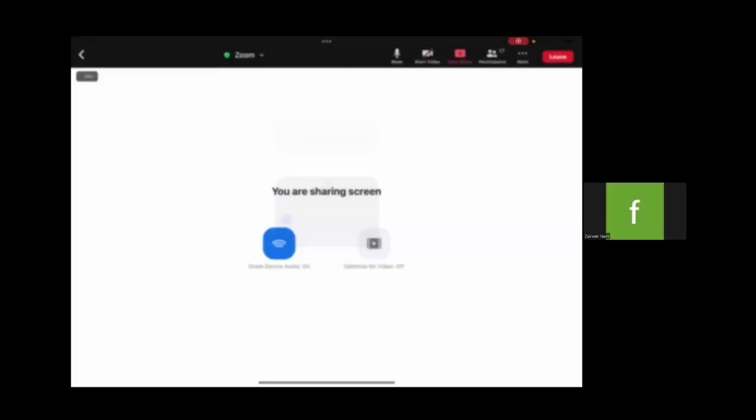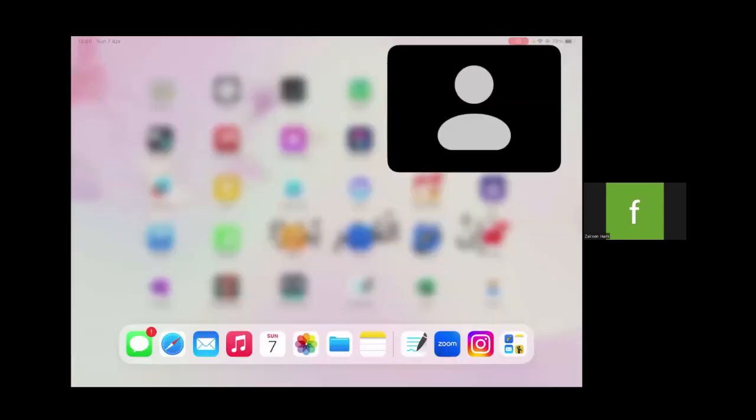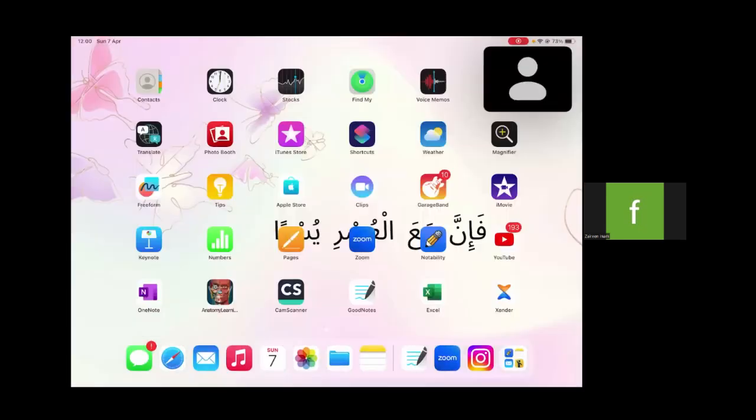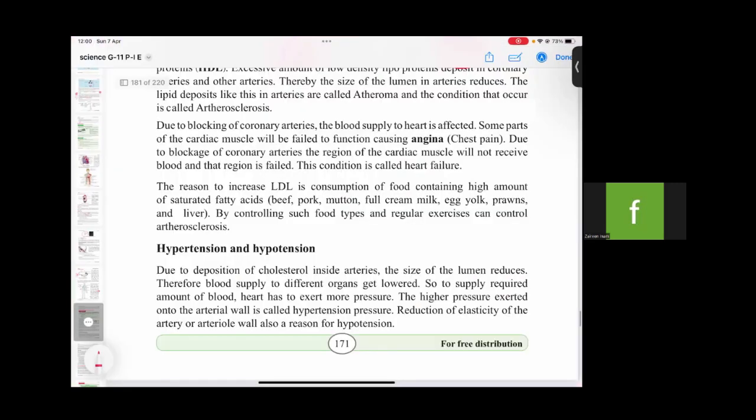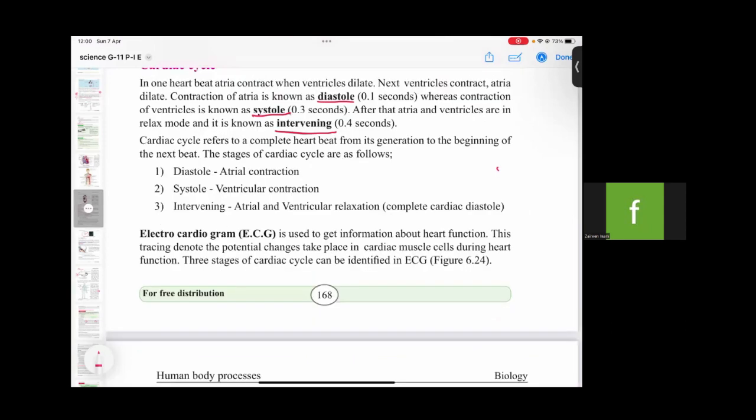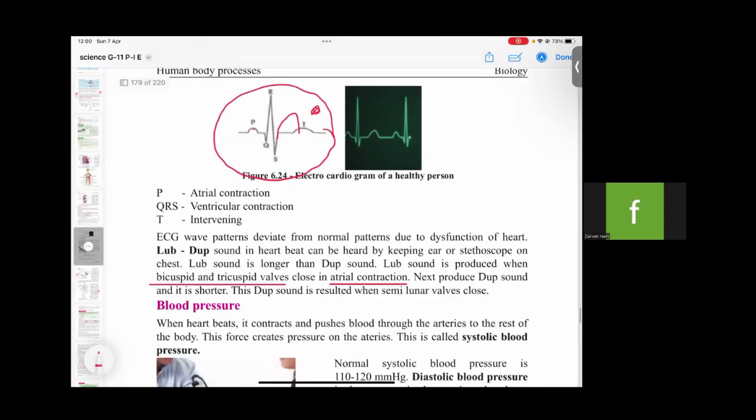Okay. There's a doubt about the cardiac cycle. I'll just quickly go through it. Give me 2 minutes. The cardiac cycle comprises 3 stages. It's really more complicated than what you study now, but when you study later, you will understand it more clearly. For the time being, you have atrial contraction, ventricular contraction, and intervening. So this part over here is atrial contraction, which is the diastole.